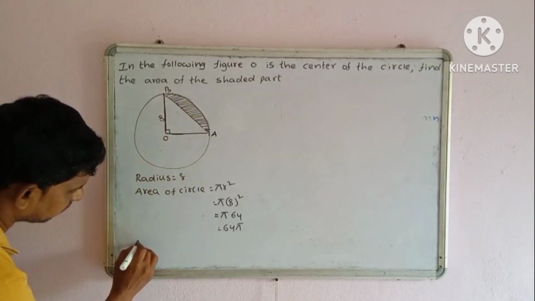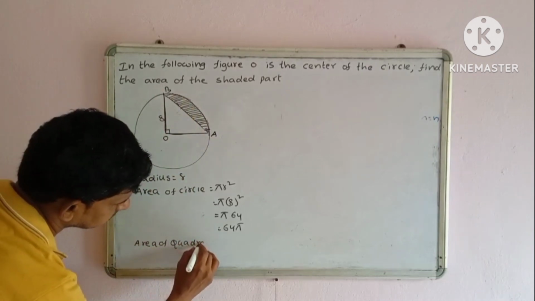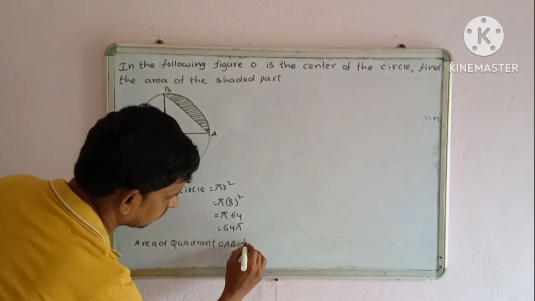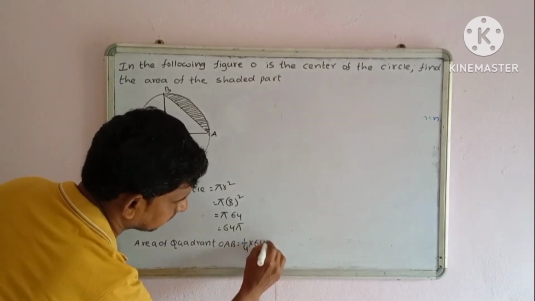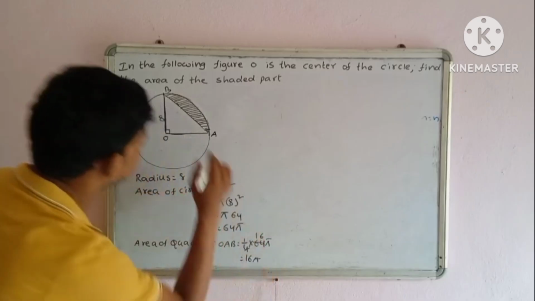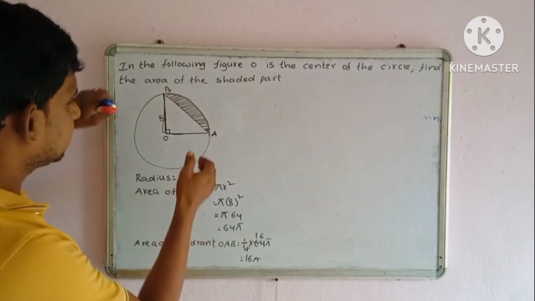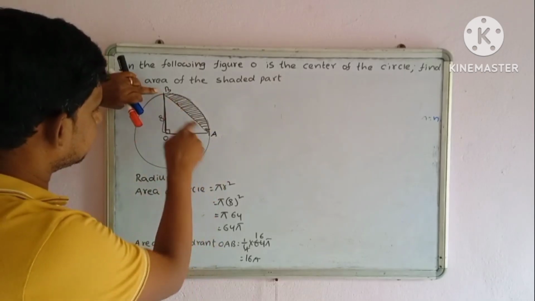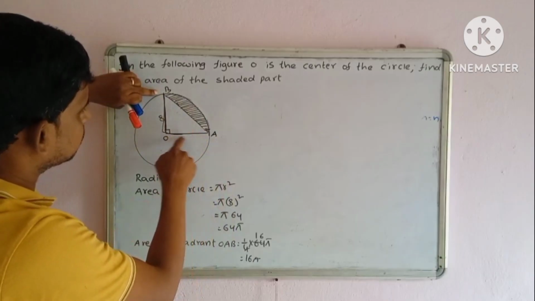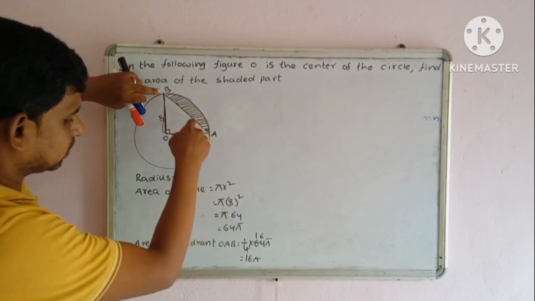So area of quadrant OAB equals 1/4 of 64 pi. That means 4 16 times, so 16 pi. Okay, now find this part. Subtract the OAB triangle from the total quadrant.